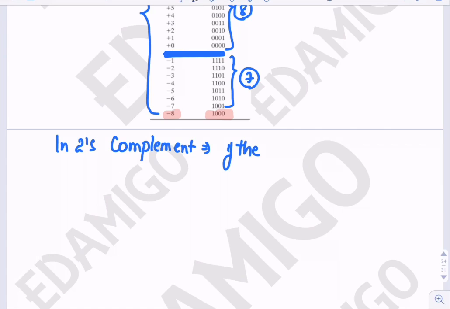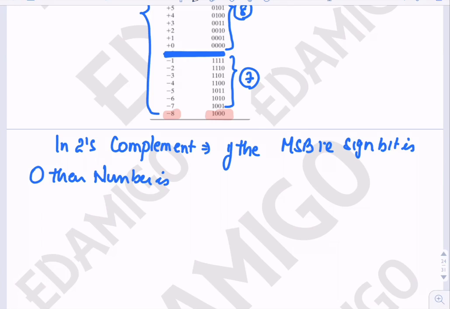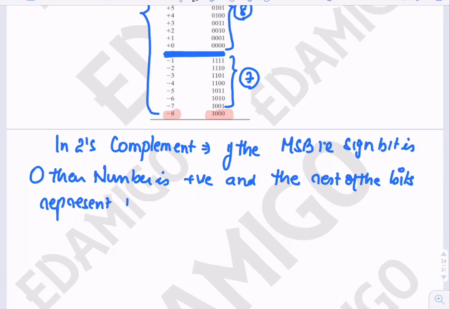If the MSB, that is the sign bit, is 0, then the number is positive and the rest of the bits, that is the bits leaving the sign bit, represent the magnitude of the number.